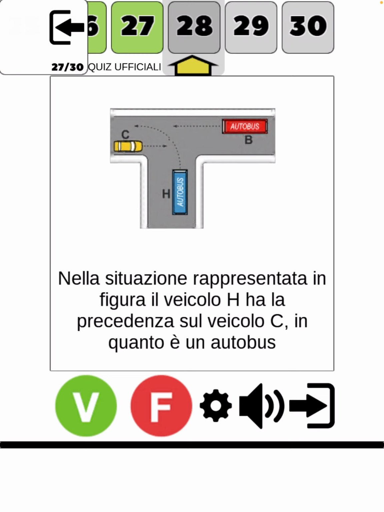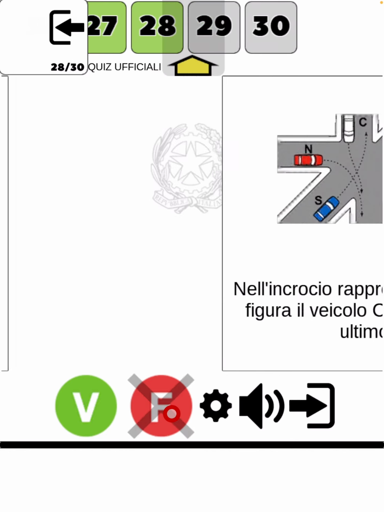It's not because it's an Autobus. Okay, let me read it in Italian. Nella situazione rappresentata in figura, il veicolo H ha la precedenza sul veicolo C, vero? In quanto è un Autobus: falso. That is where it ends: falso.